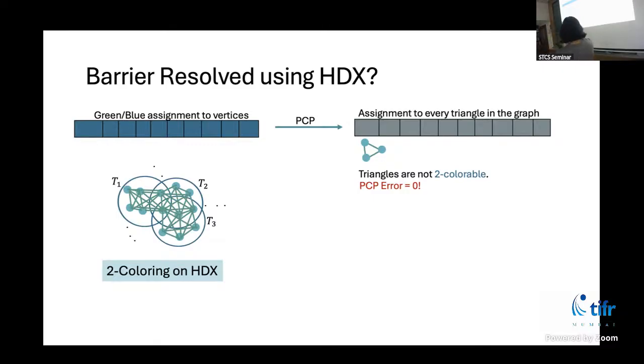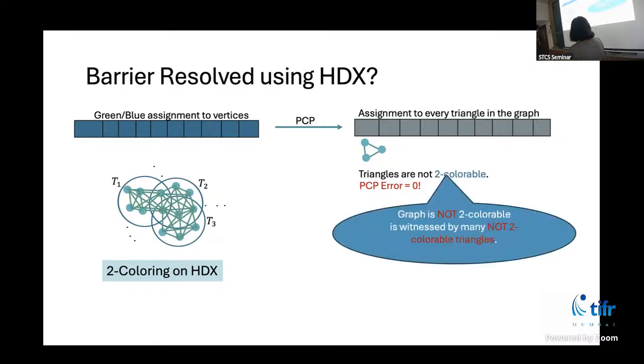Yeah, so that's exactly my next point. Okay, this is fine, but the point is that we want a PCP for arbitrary 2 CSPs. It's fine that we solve this two coloring issue, but this may not solve other issues. Maybe there are other issues even on HDX.